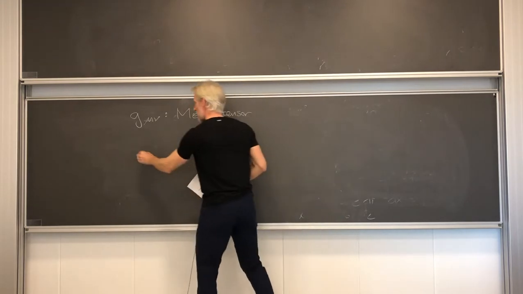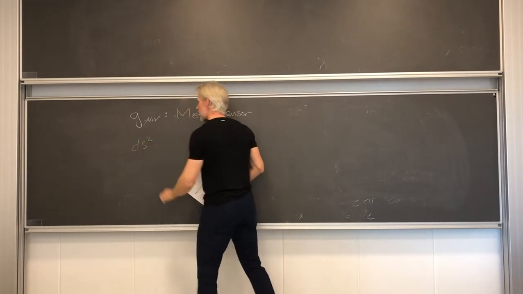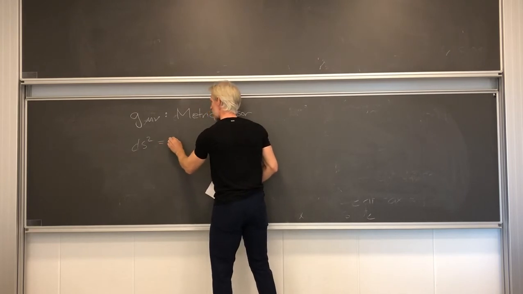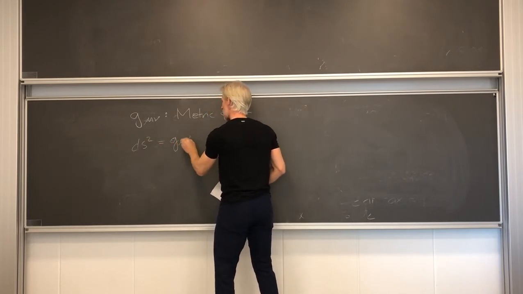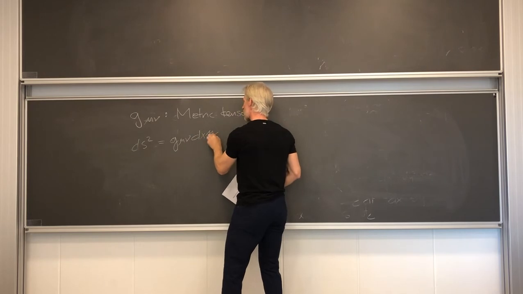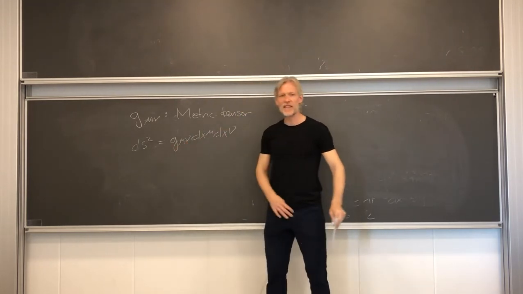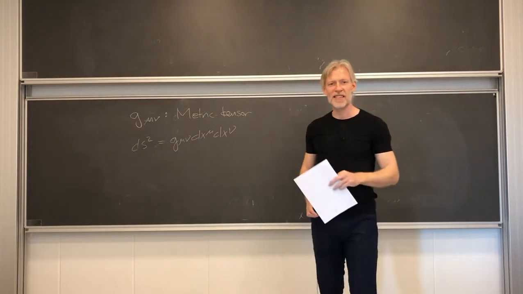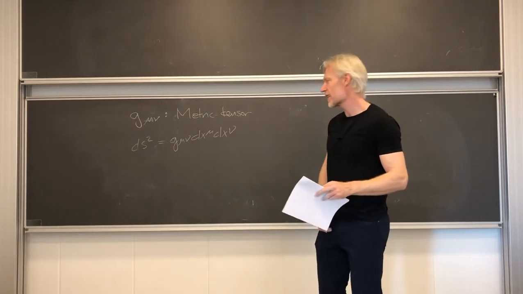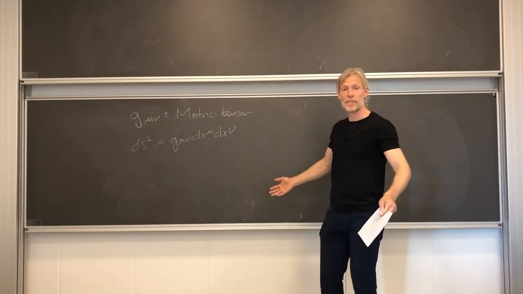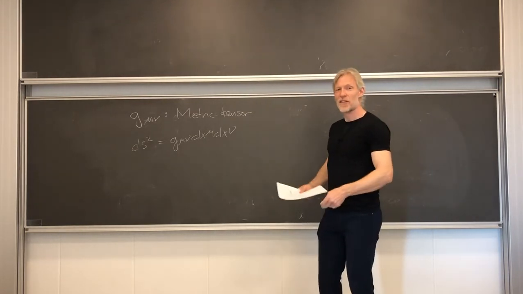I know the prescription: the physical space-time distance, which I call s squared, is given by this prescription. So I have the metric tensor that tells me how to do inner products in whatever space-time I'm looking at, and then I have the coordinate vectors, and that's all there is to it, and nothing more.